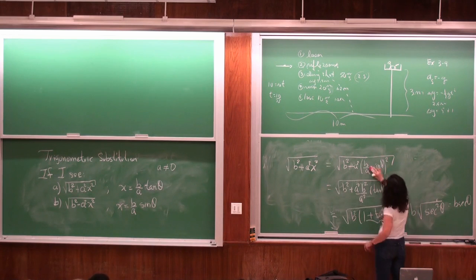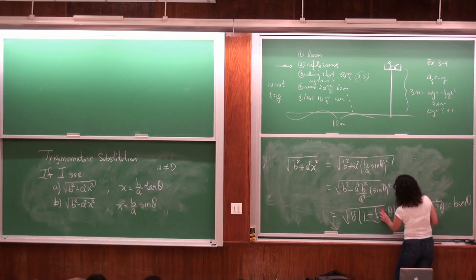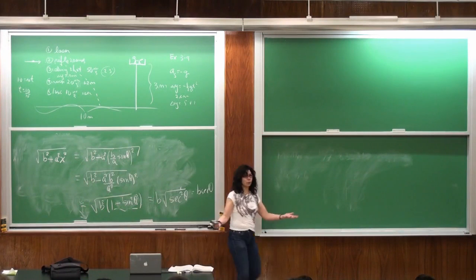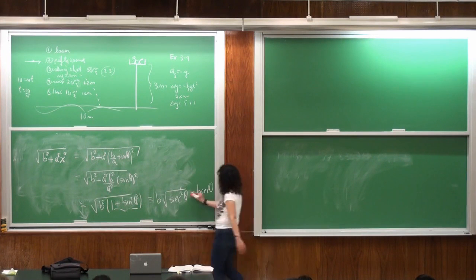He told me I have to use sine of theta. Then I have a sine of theta over here, and this is a minus, and I have a sine squared of theta over here. And what do I know? That 1 minus sine squared of theta is equal to cosine squared of theta.